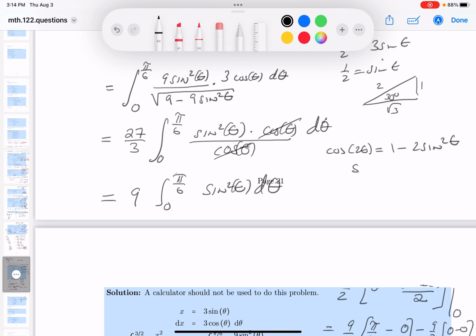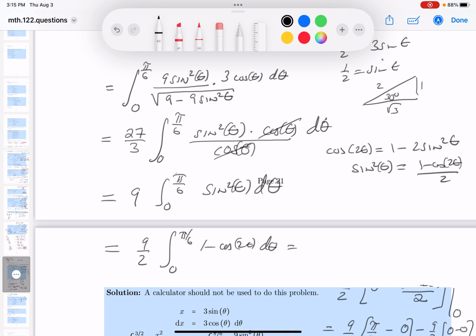So I could say sine squared theta is 1 minus cosine 2 theta, over 2. Okay, let me put that down. I'm going to factor the 2 out, so it's 9/2, integral from 0 to pi over 6, of 1 minus cosine 2 theta d theta.